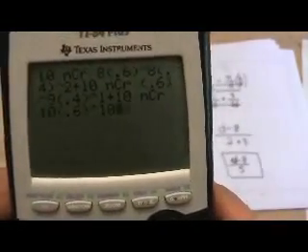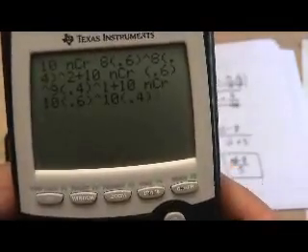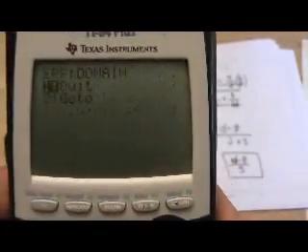And this last bit, we wouldn't really need to put 0.4 raised to the 0 because that's just 1, but it wouldn't hurt if you put it in.